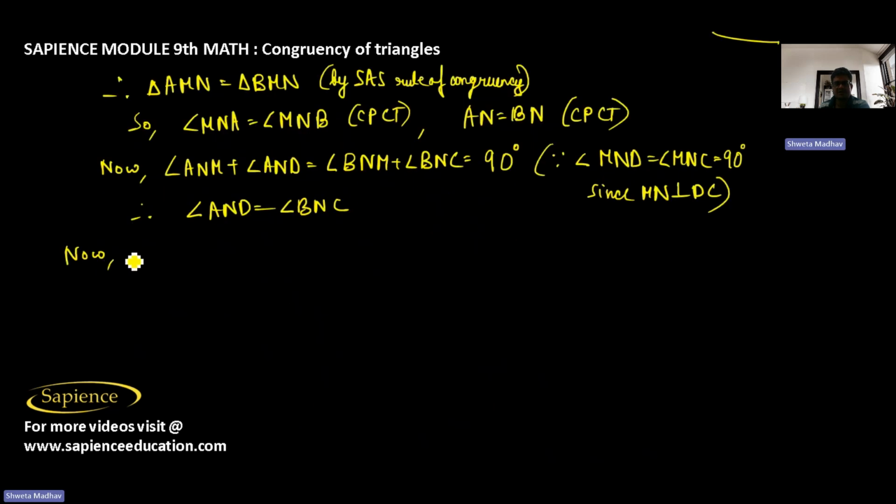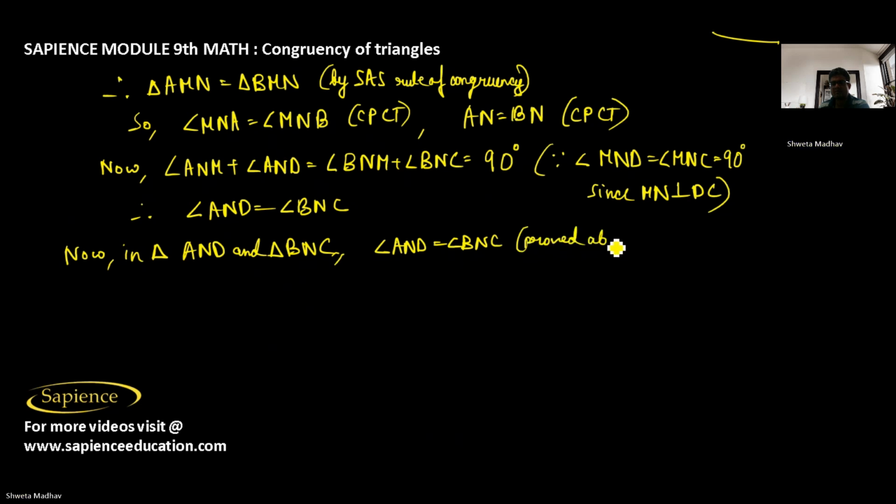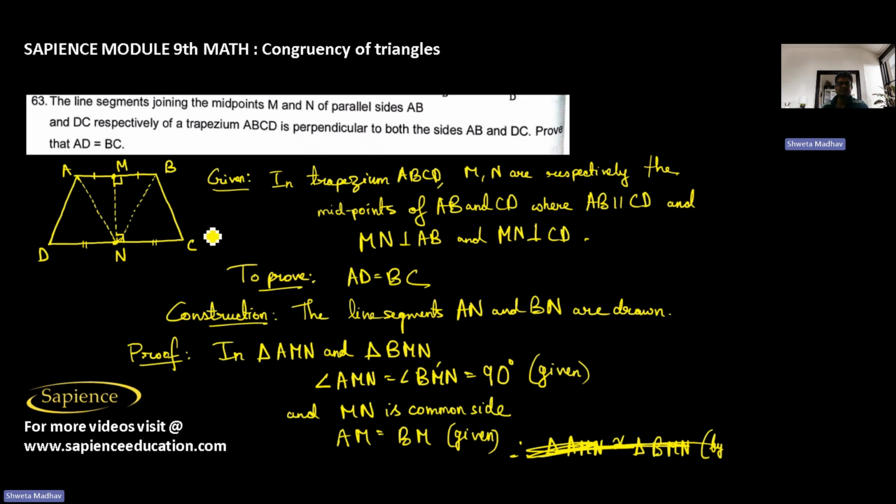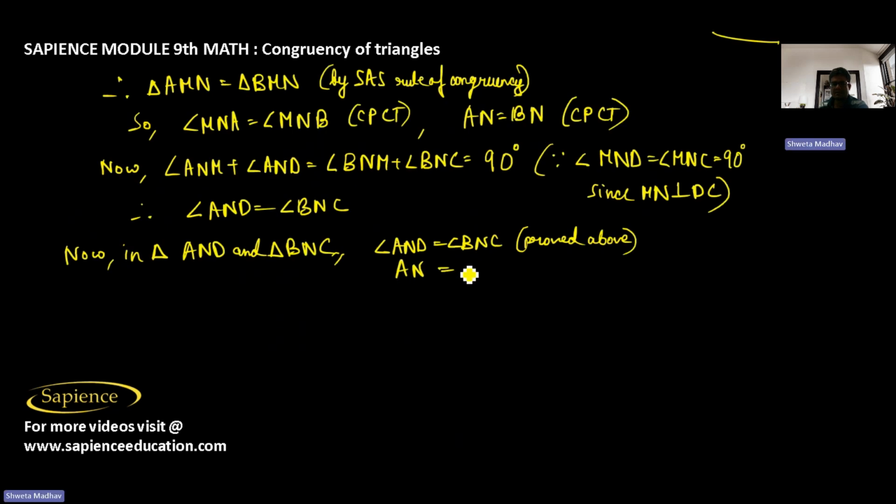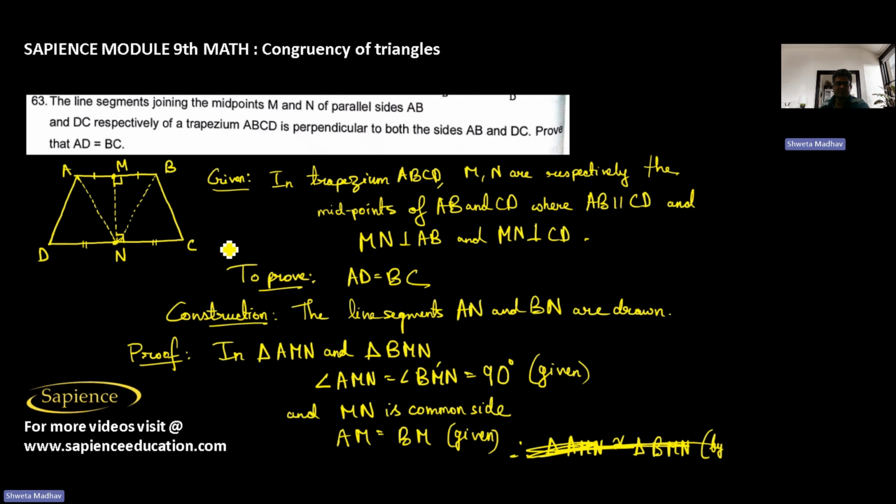So now in triangle AND and triangle BNC, we have angle AND equal to angle BNC, which is proved above, and AN equals BN, also proved above, and DN is equal to CN, which is given, since N is the midpoint of CD.